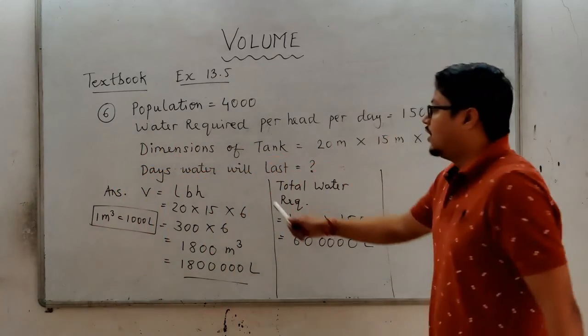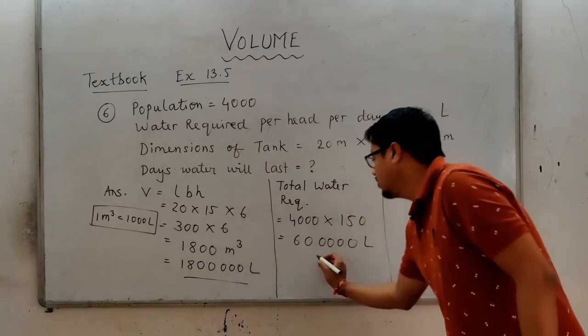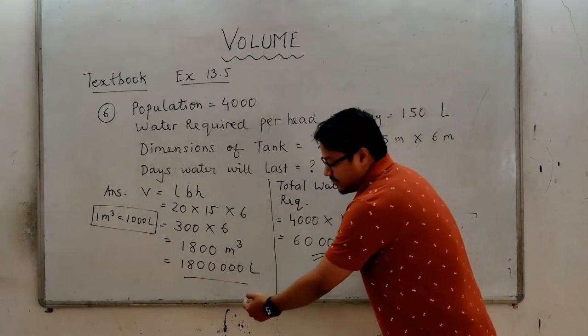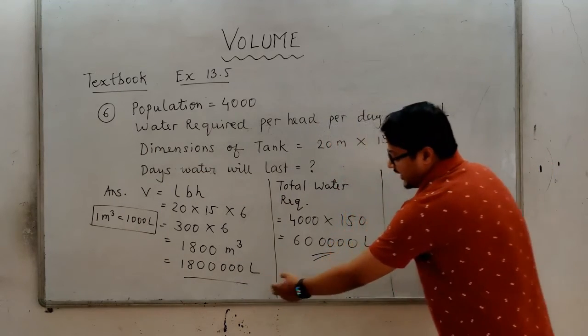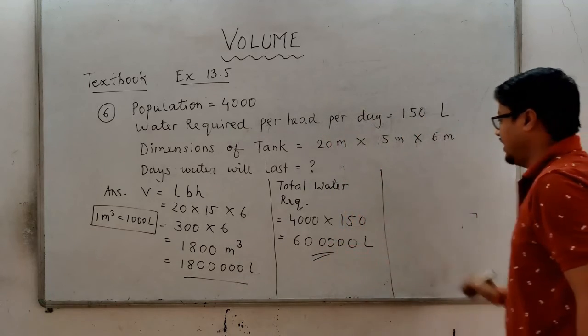Now we have to find out how many days the water will last. So we will just divide these two values. Which are the two values I am talking about? First is the amount of water available in the water tank. Second is the amount of water required by the people of the village.